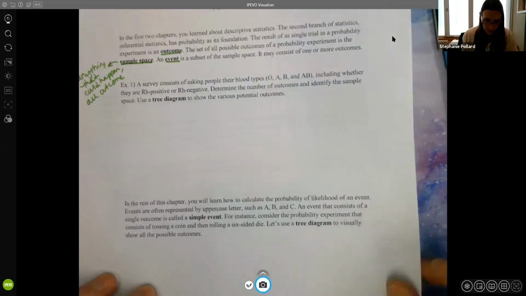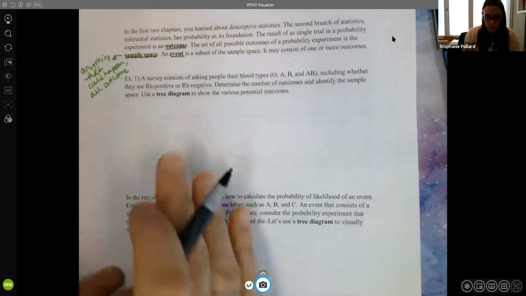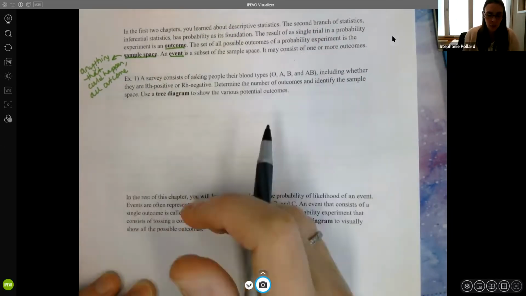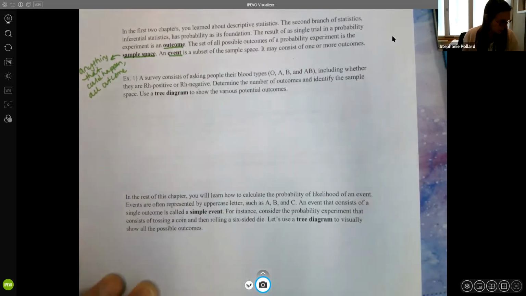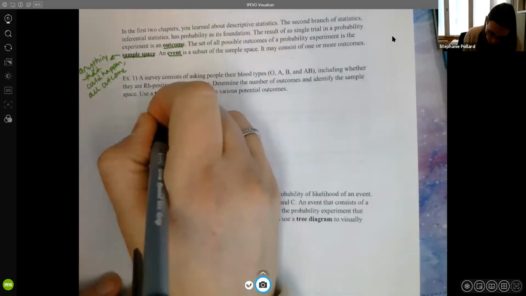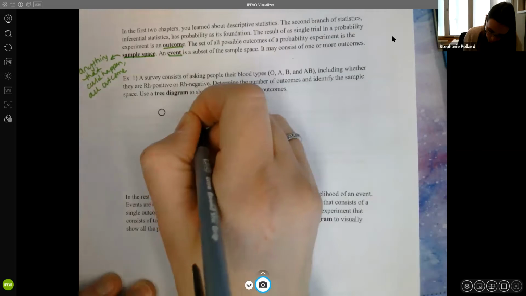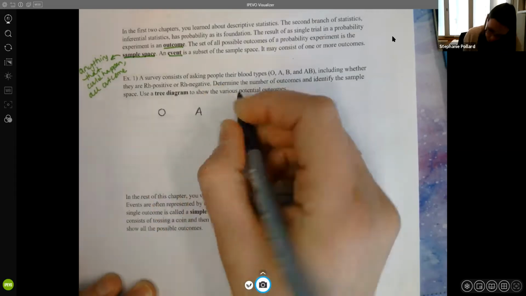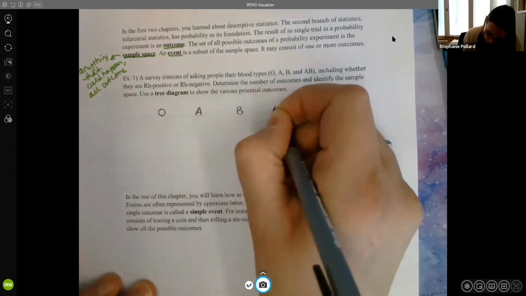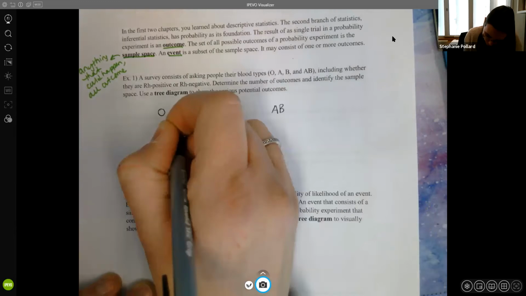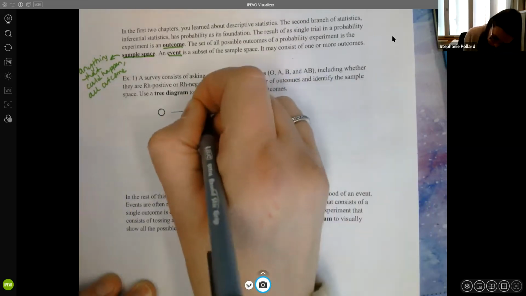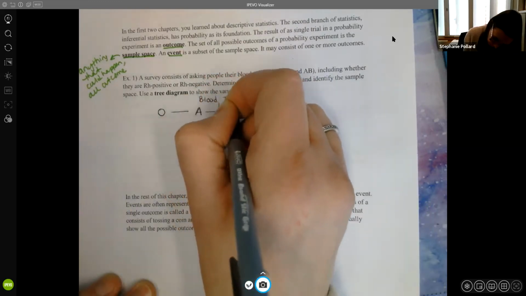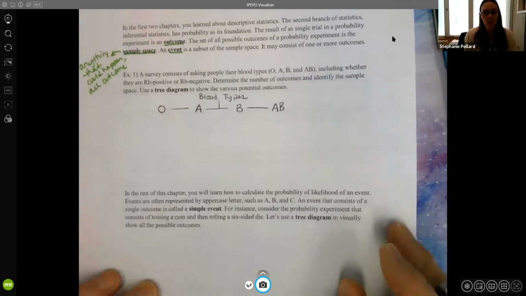So this is going to be my diagram. So you can do them kind of horizontal or vertical. It really doesn't matter. I'm going to do a vertical one here. But there are 4 types of blood types, right? So you could be O, you could be A, you could be B, or you could be AB. Okay, so just kind of starting off here.